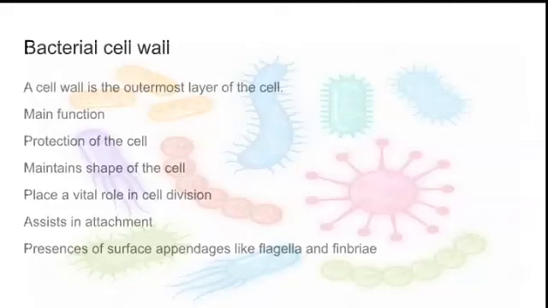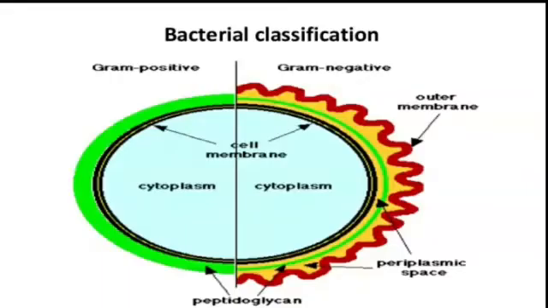It assists in attachment of bacteria to the host cell, and the presence of surface appendages like flagella and fimbriae. So the bacterial classification according to the cell wall is into gram-positive and gram-negative.